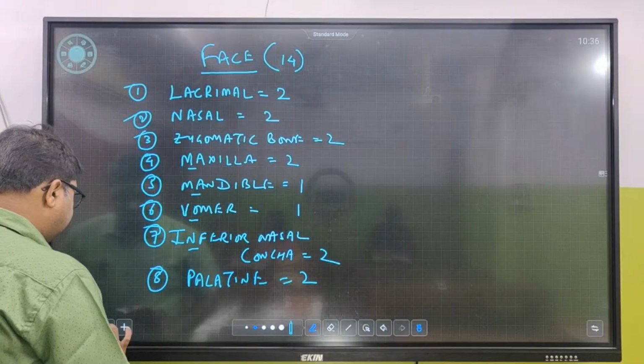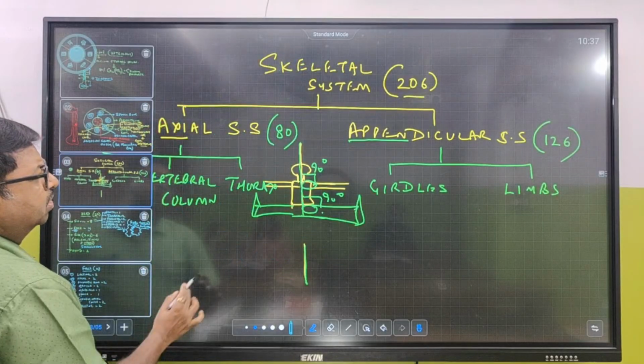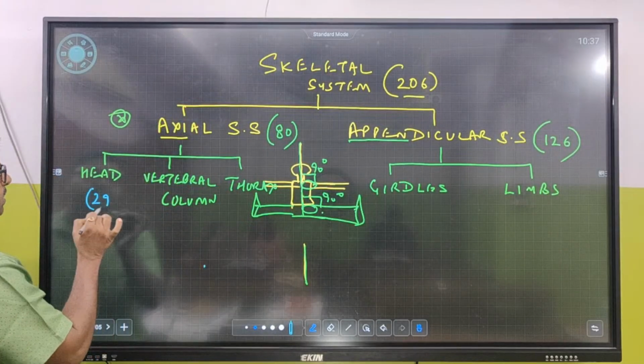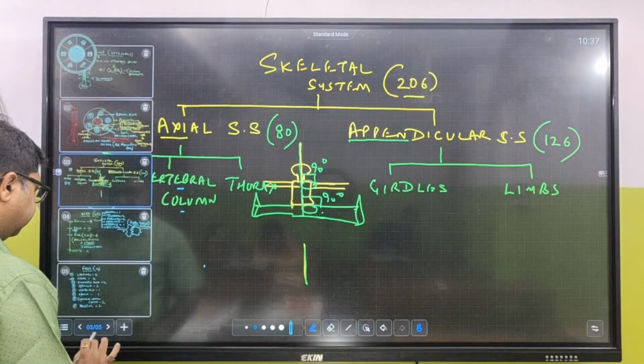Next one is vertebral column. So this is 29 bones inside the head. Now in the vertebral column, how many bones are there? Let's find out.